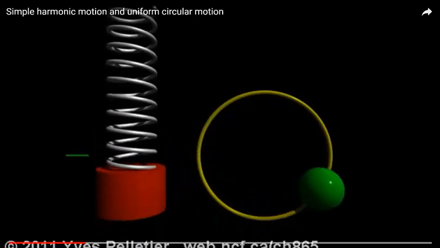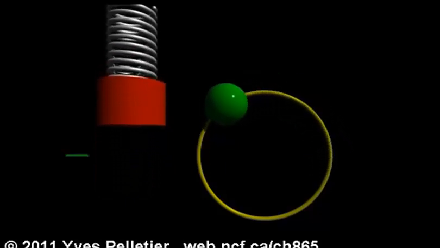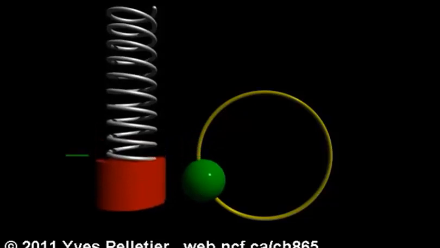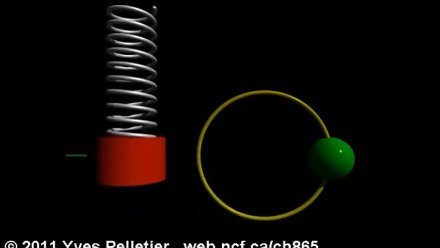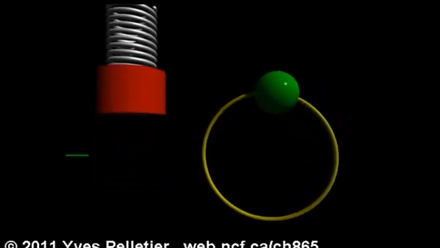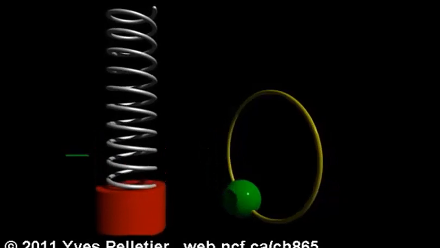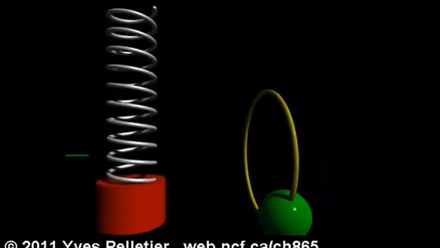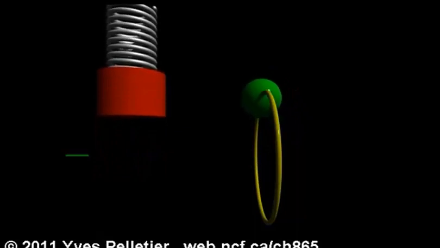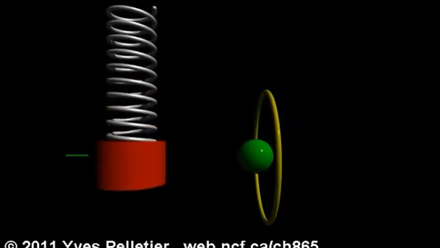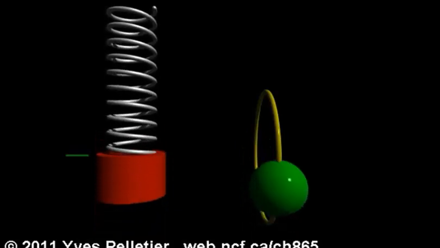Even though the green ball is moving at a constant speed, its vertical position is not changing constantly. It's changing so that it's exactly in line with the red mass at all times. So relating these two, we will be able to analyze in more detail exactly what's going on with the red mass. We can see now that it's turned on its side, that the green mass, if we're looking only at the vertical motion, is really carrying out the same motion as the red mass.